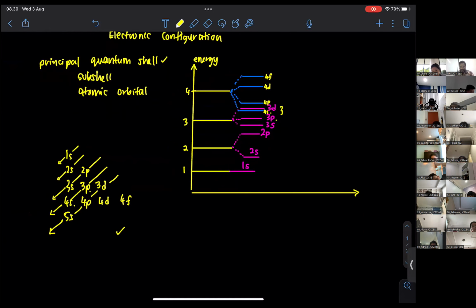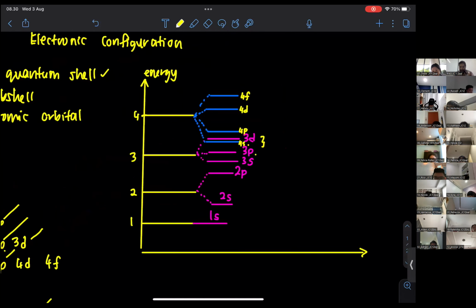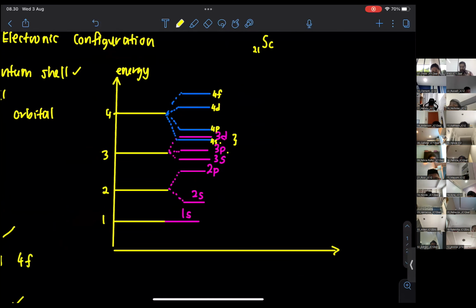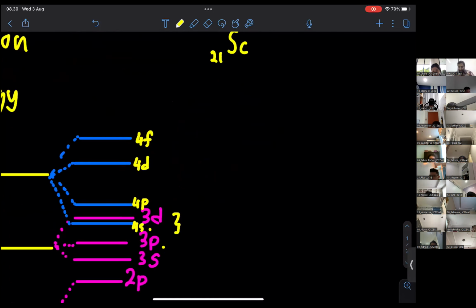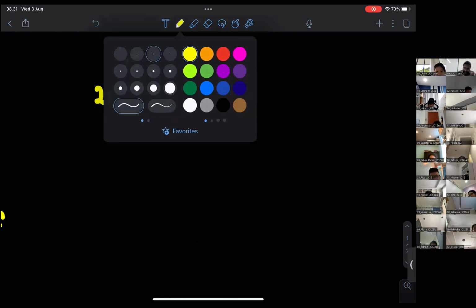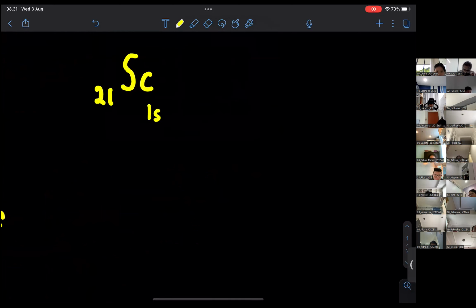For example, if we are talking about scandium, scandium is going to be 21. So let's try to write down the electronic configuration of scandium. You write down 1s2, then 2s2, 2p6. That's already 10.